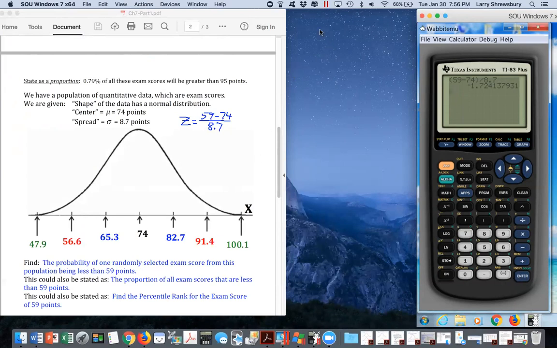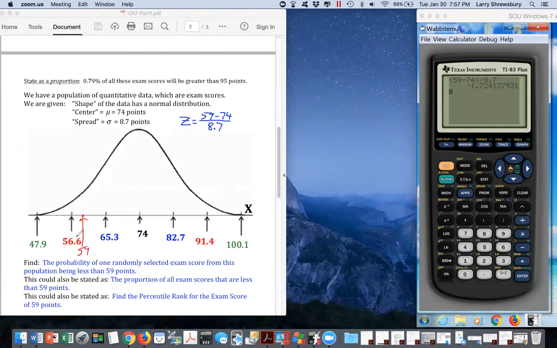Well, that certainly makes it easier to locate where it is. So let's do that. There's 1.5, that's about 1.75, so it's a little less than that. So probably right about there. That's pretty close. So that right there is where the 59 is.